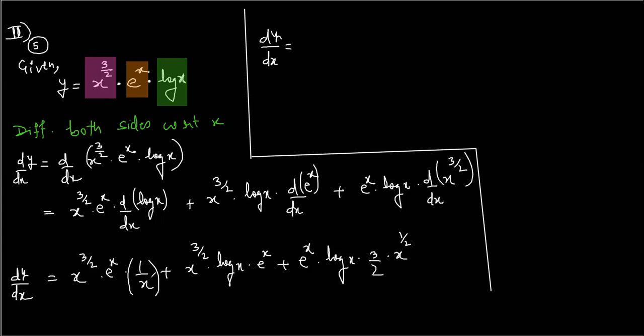As you know, this x has power 1. So when I take it up, it will become x raised to minus 1. So I get x raised to 3 by 2 into x raised to minus 1. I'm just simplifying this with this.